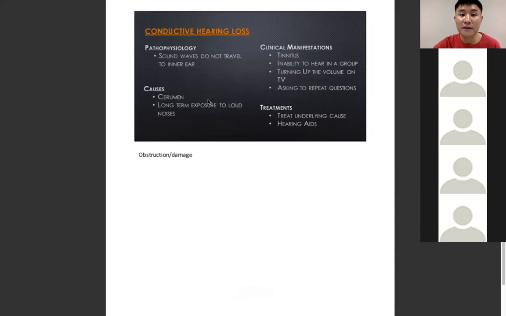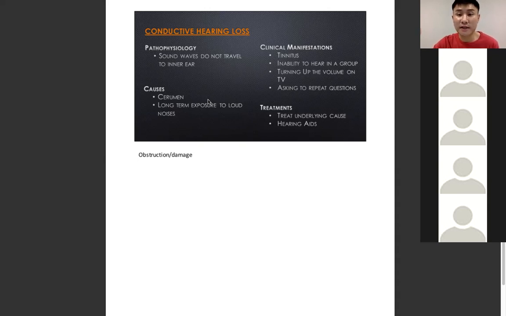Conductive hearing loss is basically when the sound waves do not travel into the inner ear. The causes are cerumen, which is basically earwax, and long-term exposure to loud noises, like listening to music at a really high volume for a long period of time.